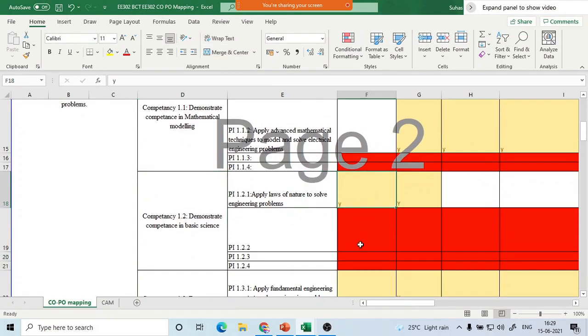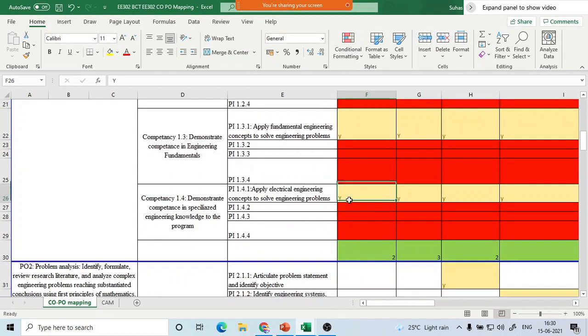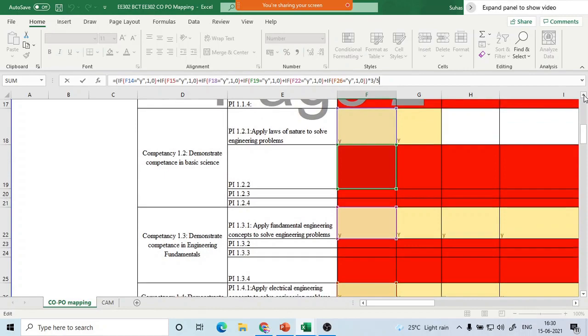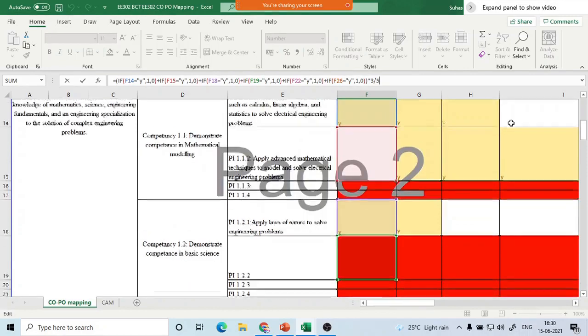This is first yes, this is second yes, third yes, fourth yes. If it is more than 3, I can say it is yes. I can create a certain formula. If this is yes, give 1. If it is no, then give 0, like this. Likewise it is added. It is nothing but an average of all this, multiplied by 3 by 5, because I consider 5 performance indicators here.